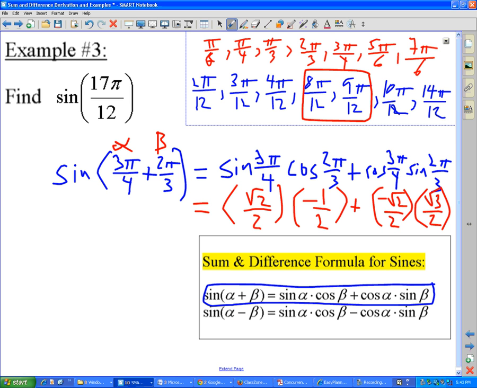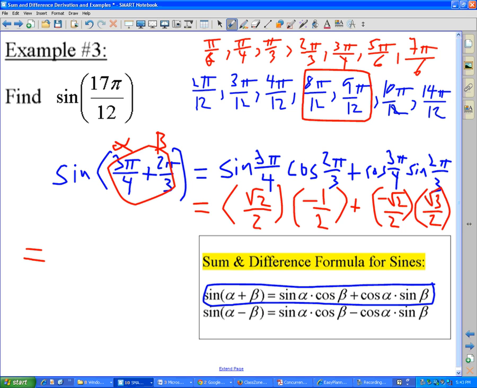So you look them up on your table, but you must pay attention to what quadrant you're in. Don't just write this and then suddenly change it into a pi over 4 and a pi over 3. You can't do that. These don't add up to 17 pi over 12. You can't just use reference angles without paying attention to what quadrant you're in. So I really, really urge you to be careful about that.